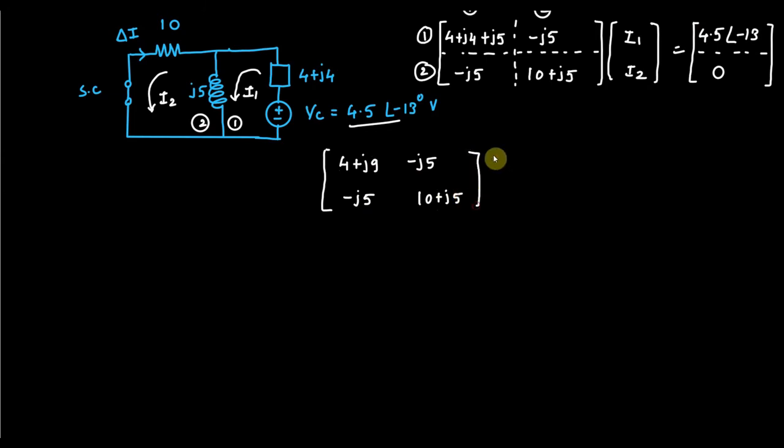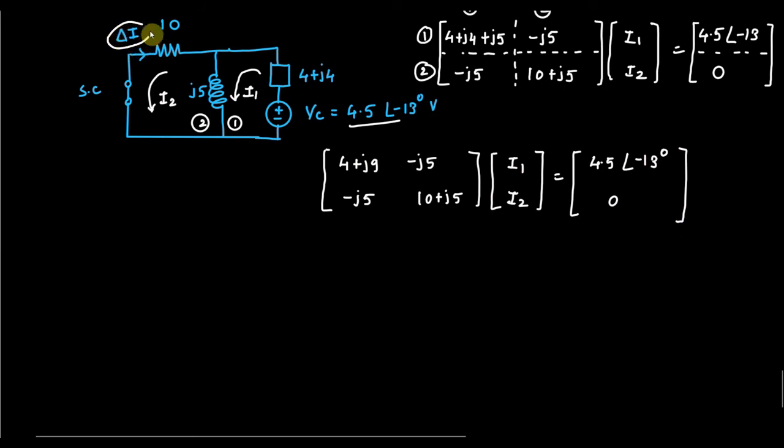So this will be the Z matrix. This is the current matrix I1 and I2, and the voltage matrix will be again the same, 4.5 at an angle minus 13 degrees, and 0. Now what is our aim? Our aim is to calculate I2, because I2 has a relation with delta I, and our aim is to find out this value delta I.